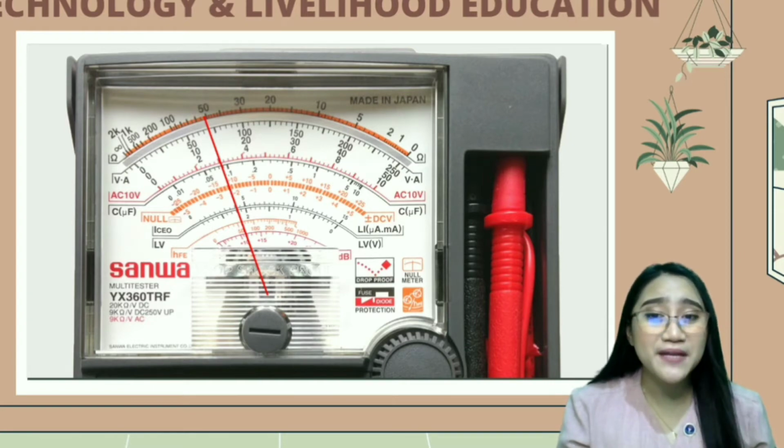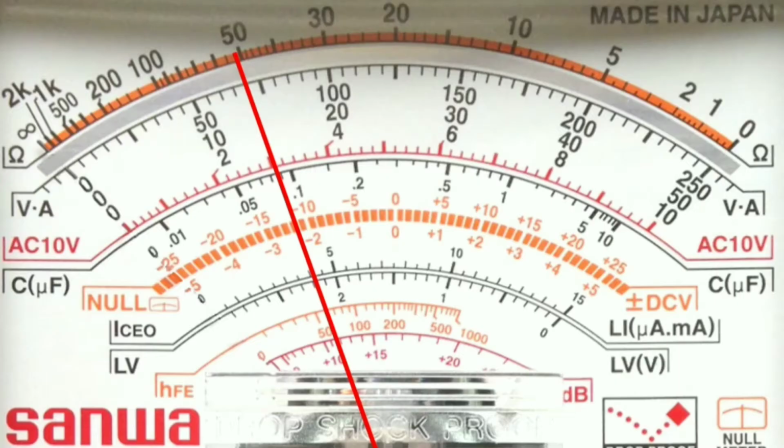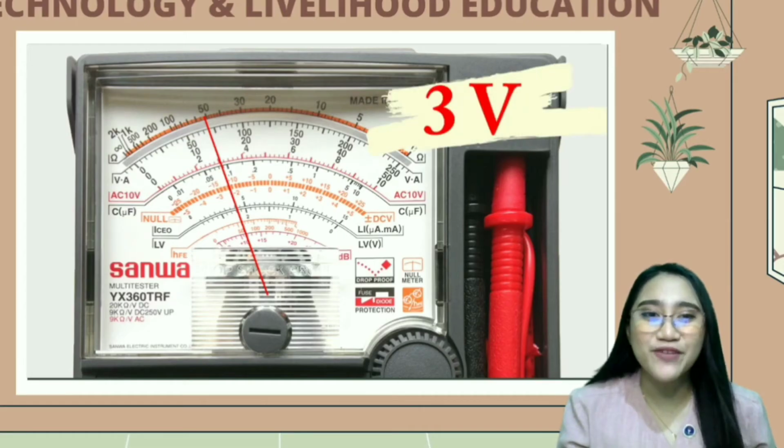So now let's try to read our measurement. 0, 0.2, 0.4, 0.6, 0.8, 1, 1.2, 1.4, 1.6, 1.8, 2, 2.2, 2.4, 2.6, 2.8, 3. Meaning we have a reading of 3 volts.